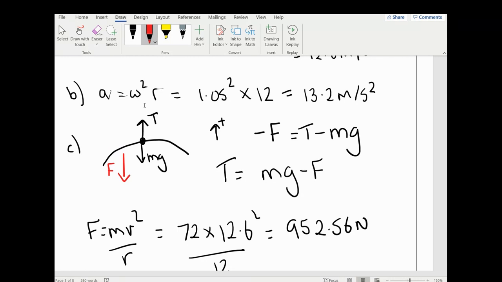But that doesn't matter, because I'm consistent. I always put tension and weight like that, I always draw my centripetal force, and then I label my forces. I say this is the centripetal force and these are the forces that are causing it, and then I rearrange it.